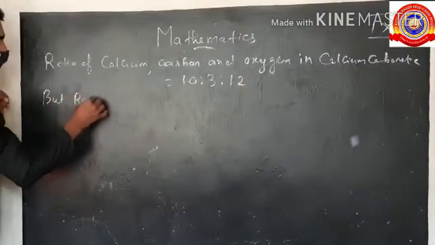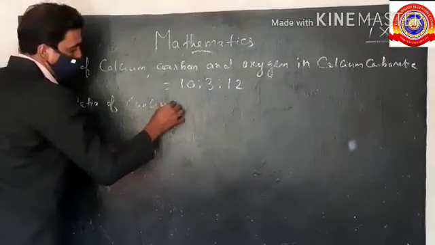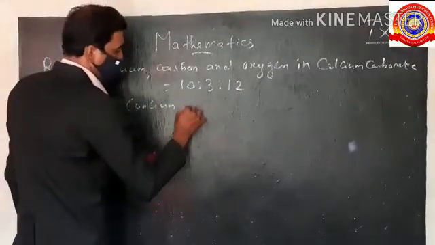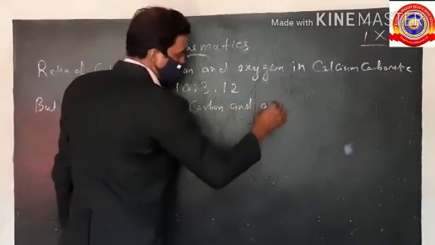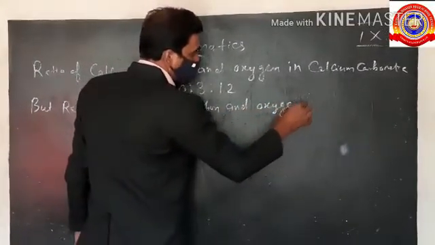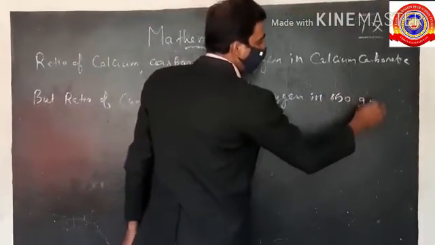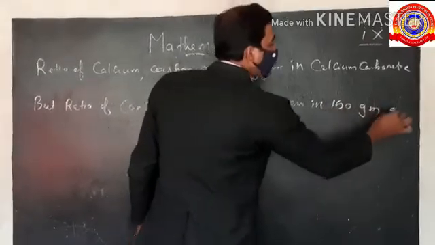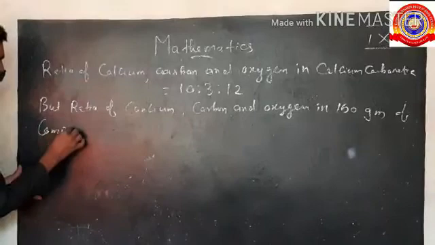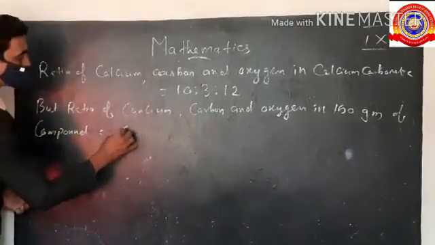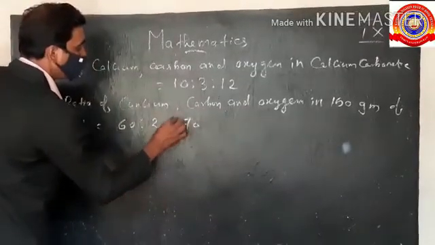But ratio of calcium, carbon and oxygen in 150 gram of compound is equal to 60:20:70.